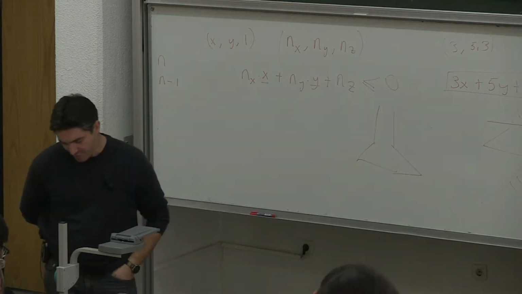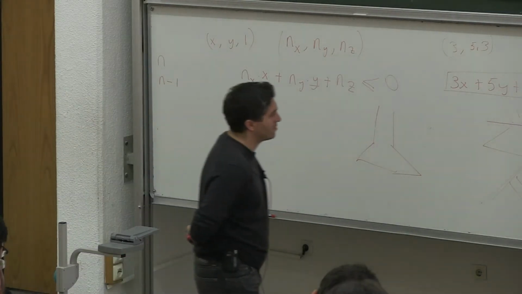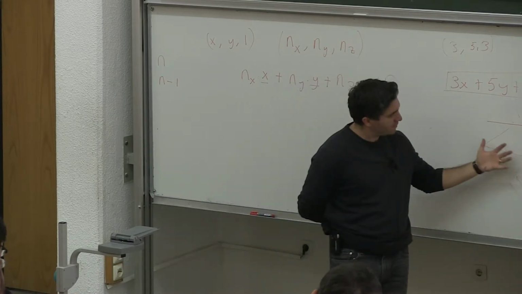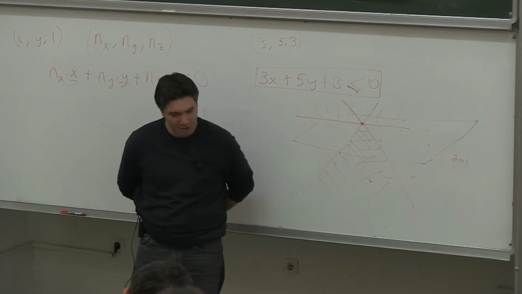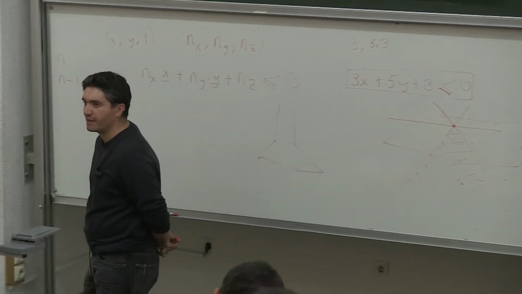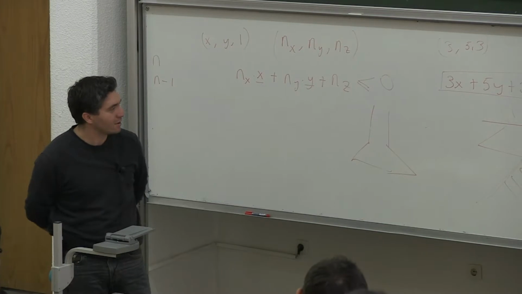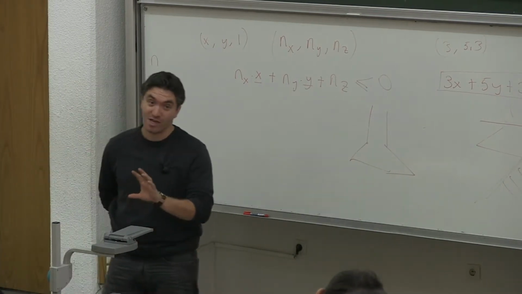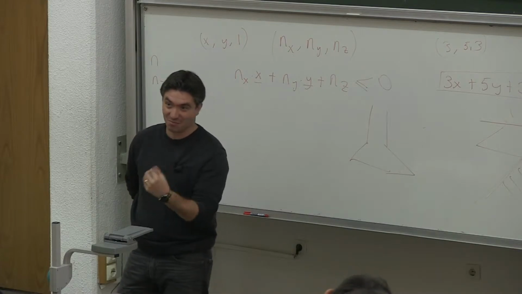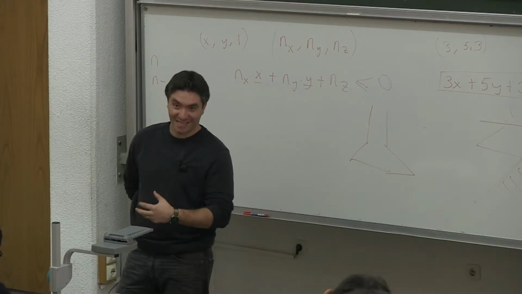Because we can convert it to a problem of polygon intersection. If we intersect polygons each time, we are going to find it in n log n time, not log n. Log n is a smaller complexity than n log n.